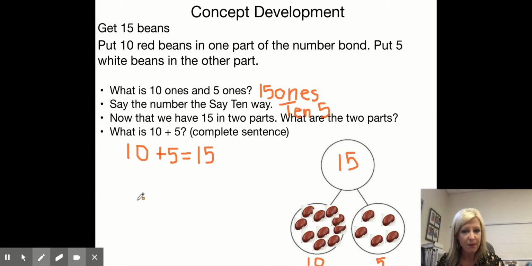Is there another way we could write that? There is, isn't there? We could say 15 equals 10 plus 5.